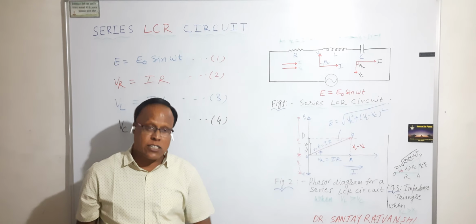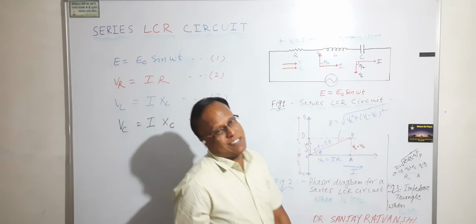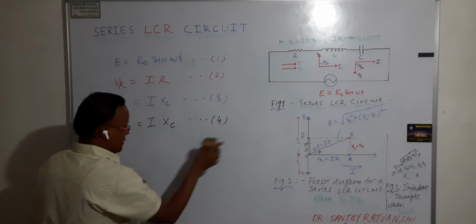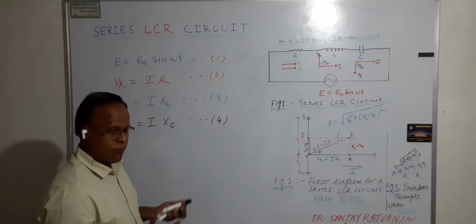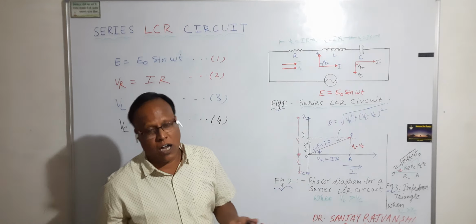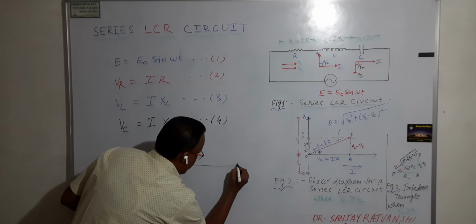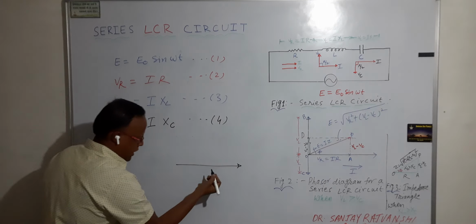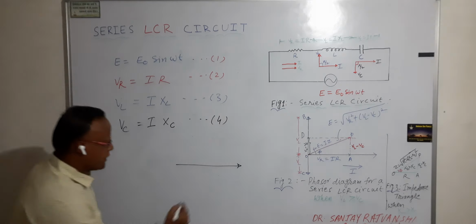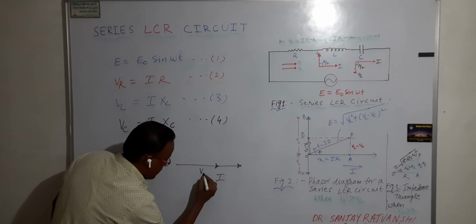Now, I will explain the phasor diagram for this series LCR circuit, so try to understand it. We know that in the case of a pure resistive circuit, the current and voltage are in the same phase. So if we take current along the x-axis, the voltage is also along this direction.